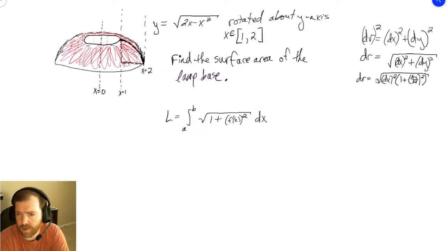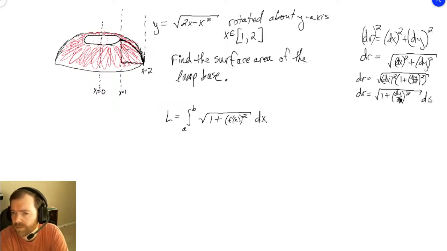And dx squared, we take the square root. dr is going to be equal to the square root of 1 plus (dy/dx) squared, times dx on the outside.